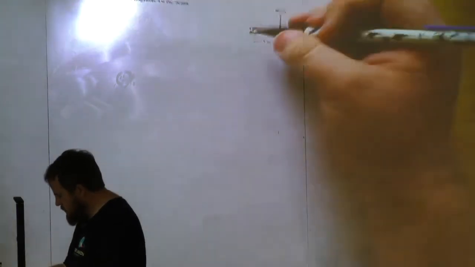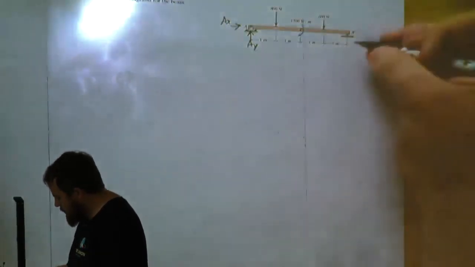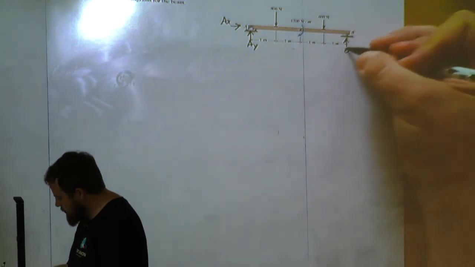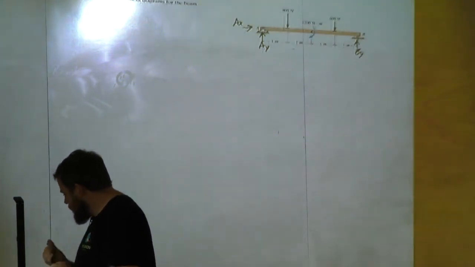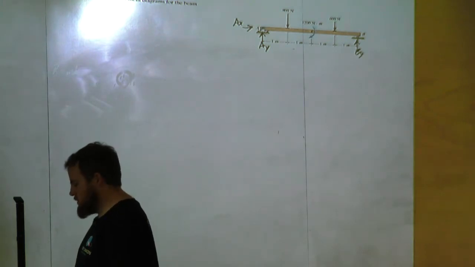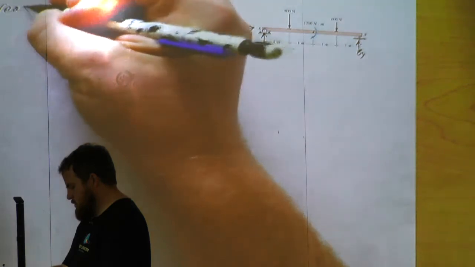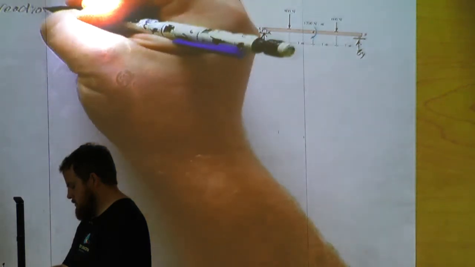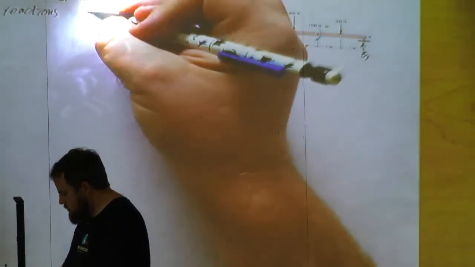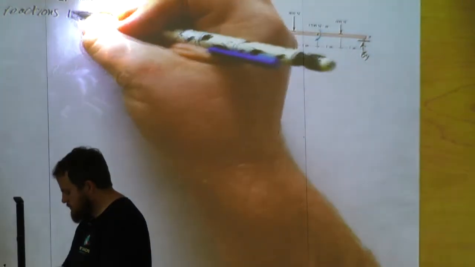So for this, it is a pin, so we have an AY and an AX, and a roller, so this is going to be a BY. Okay. So to start these, we're just going to do the reactions. All right, support reactions. So sum of the moment at A equals 0.